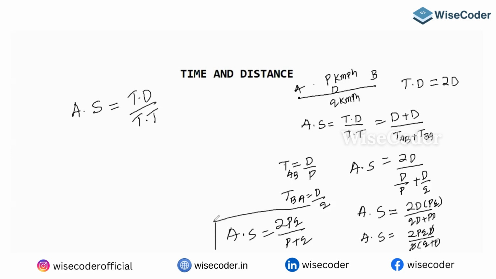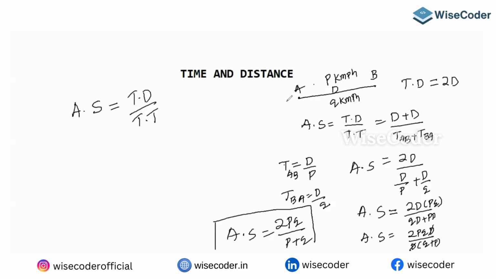So whenever you come across this situation: if a body is traveling from point A to point B with a speed of p and coming back from B to A with a speed of q, then the average speed of the body is 2pq by p plus q.